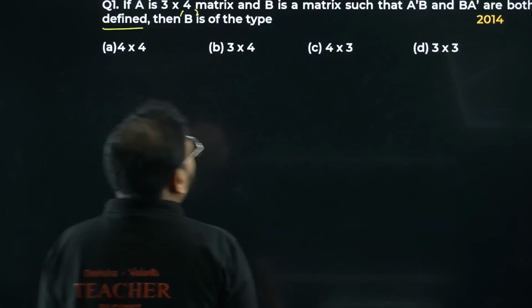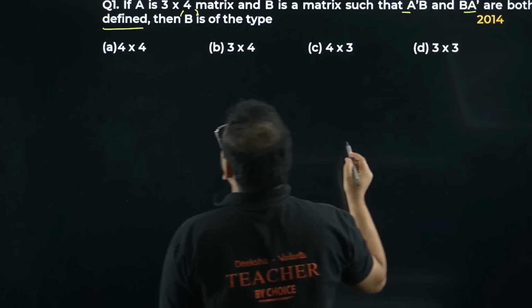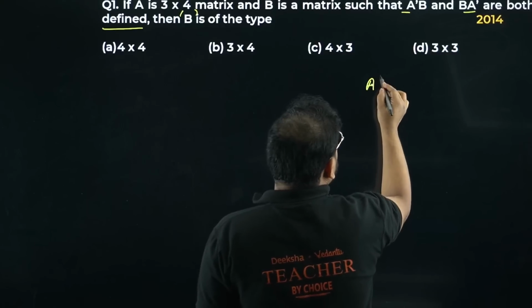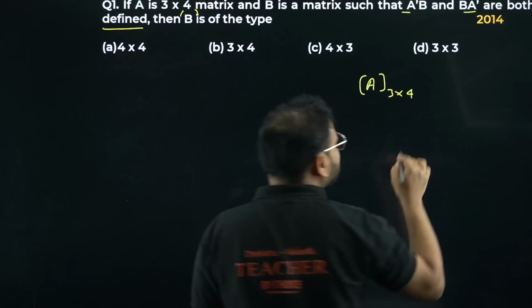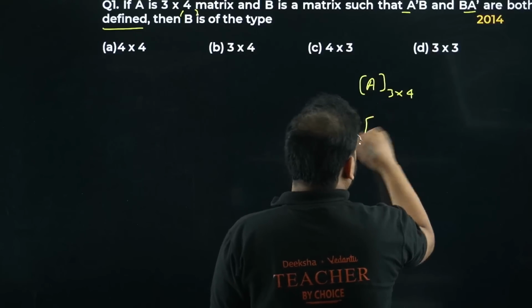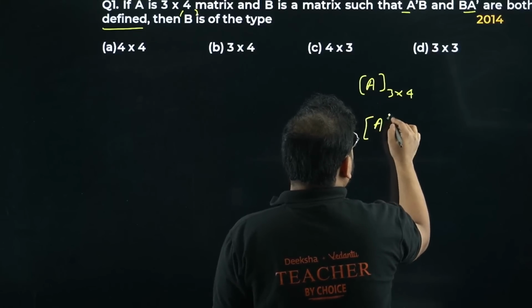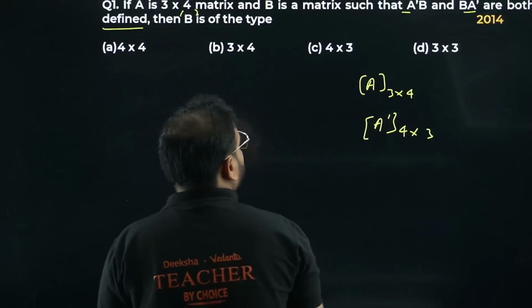Please check. Bacha, I have to deal with A dash in both the cases, right? The order of the matrix A is 3 cross 4. We know it's very simple that if I write A dash, the matrix order will just reverse. So A dash is 4 cross 3. Now think about it.